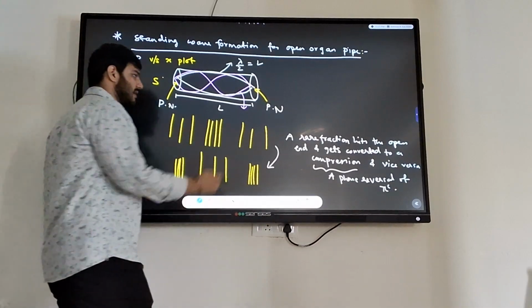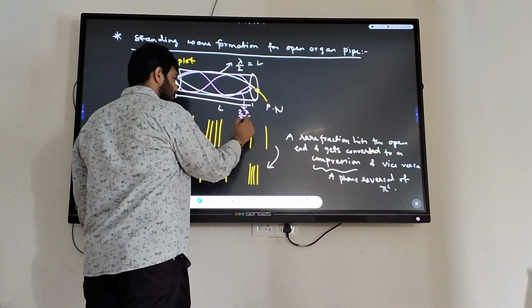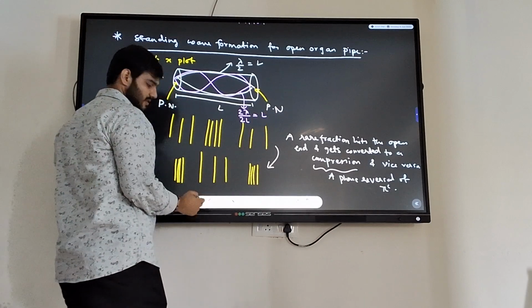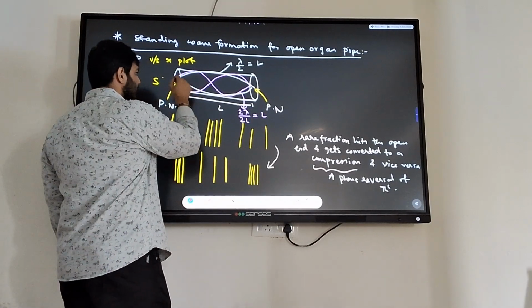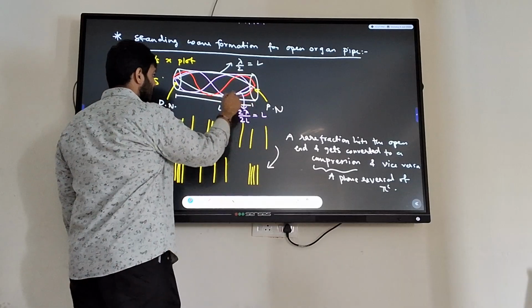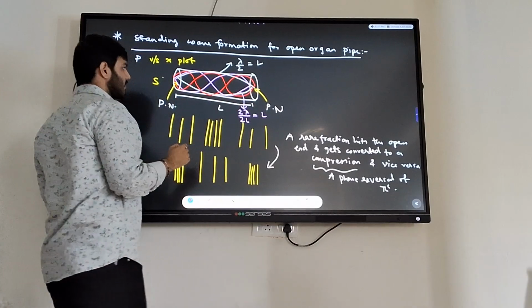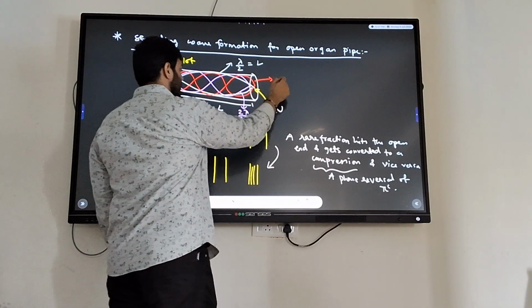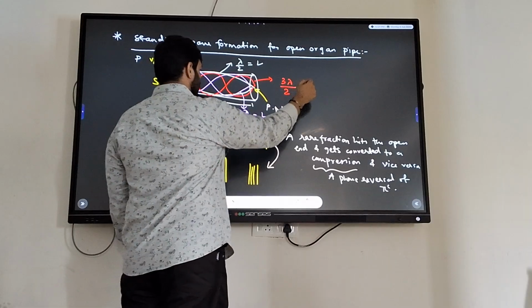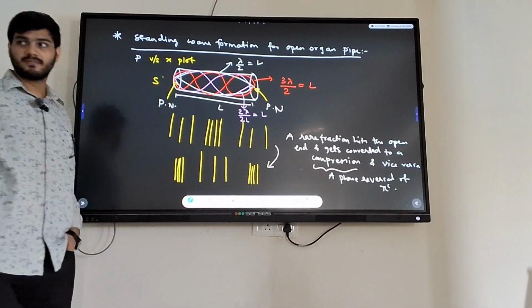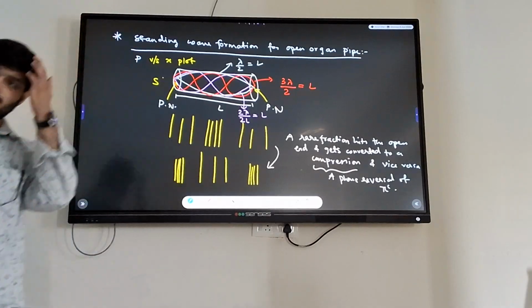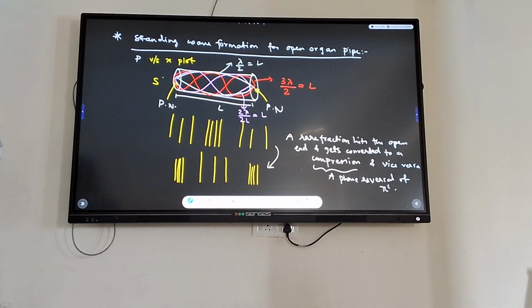Lambda equal to L can be written as 2 lambda by 2 should be equal to L. If I make a third diagram, what is this equal to? 3 lambda by 2 equal to L. So can you see a general pattern? What is the general pattern? N lambda by 2 should be equal to L.